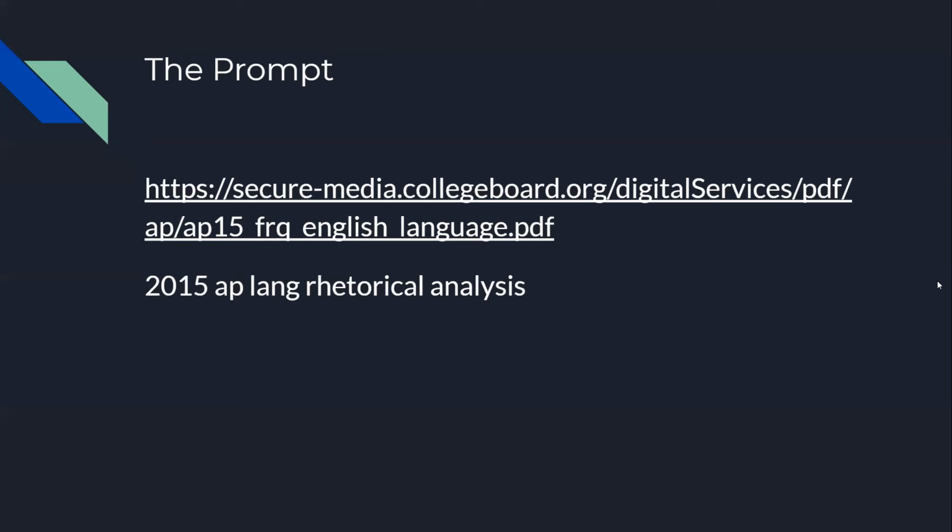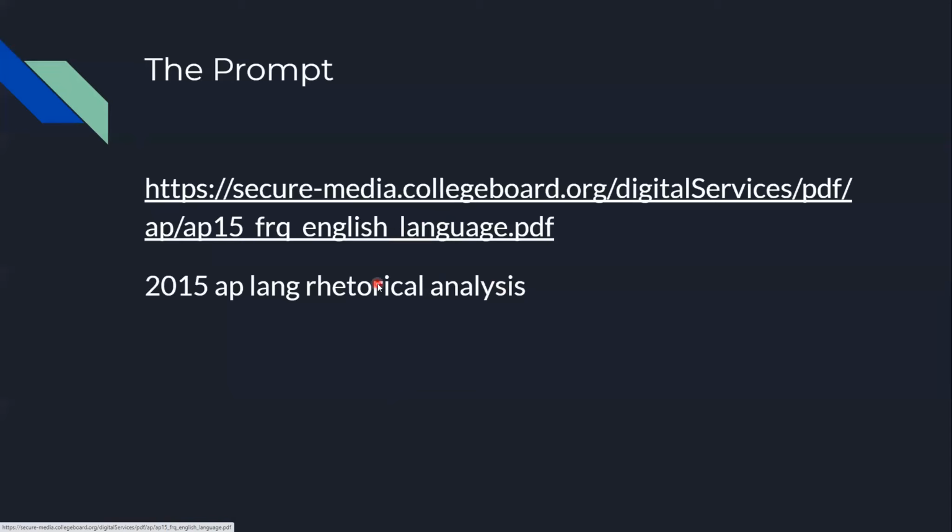So if you want to just find the rhetorical analysis prompt, scroll down to page 9, and at the top it should say question 2. Another way you can find it is by searching 2015 AP Lang rhetorical analysis, which I did to find the link actually.